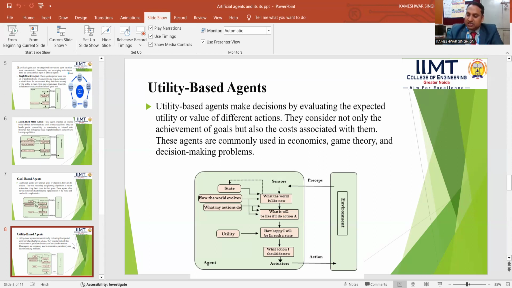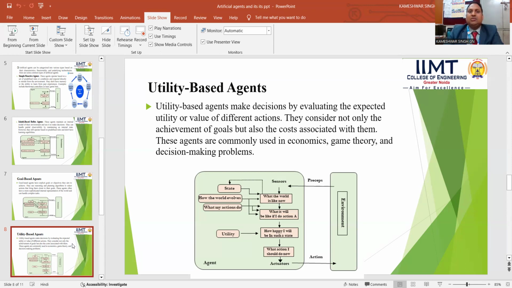Here it saves the current situations, compares them with the history, and then takes the action which is cost effective. We achieve the goals cost effectively.